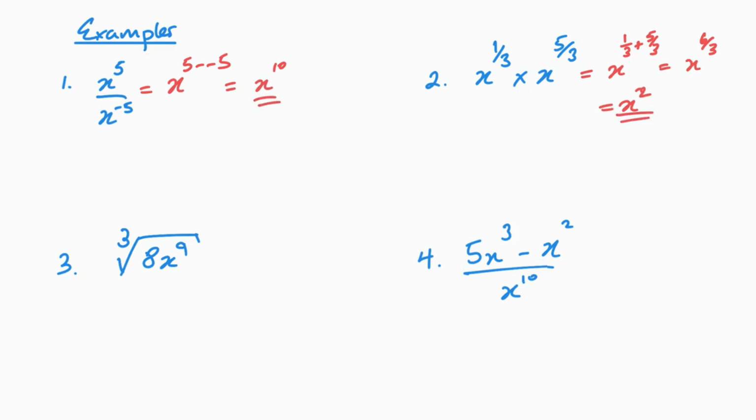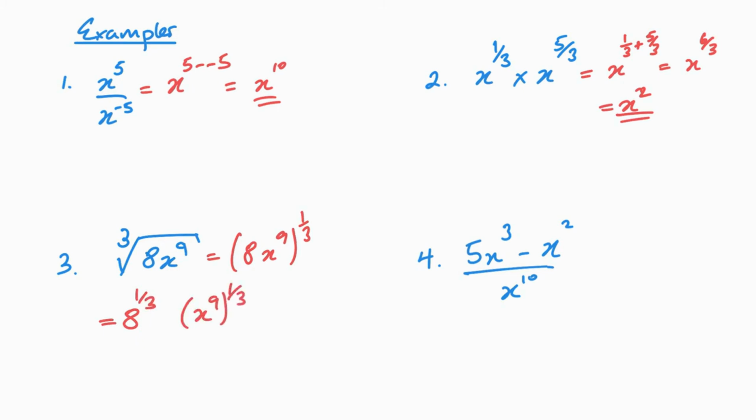Now let's look at the next one here, number 3. So cube root, so I'm using one of my rules here, so I can change the cube root into the power of 1/3. 8x to the power of 9, all to the power of 1/3. I'm just trying to break it down in steps, so 8 to the power of 1/3, and x to the power 9 to the power of 1/3.